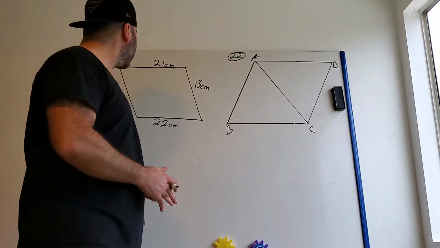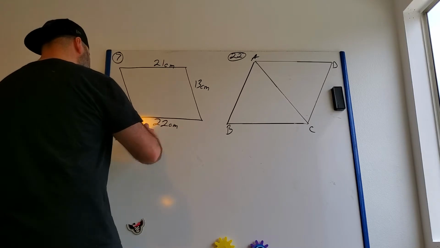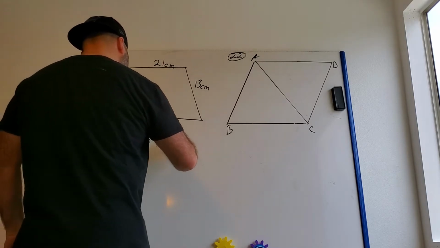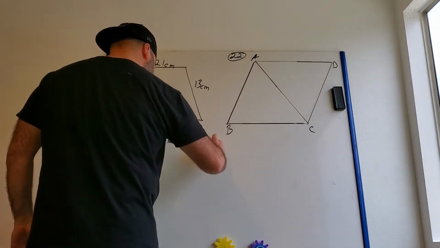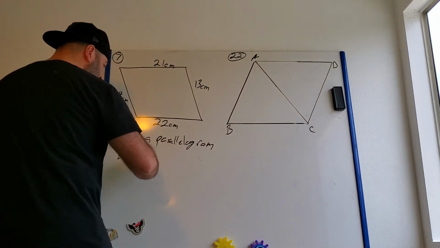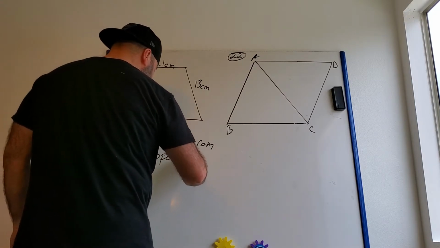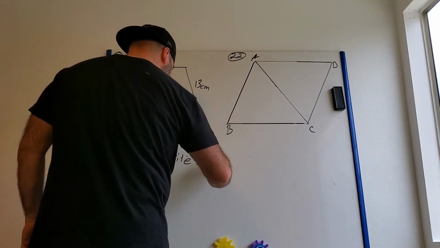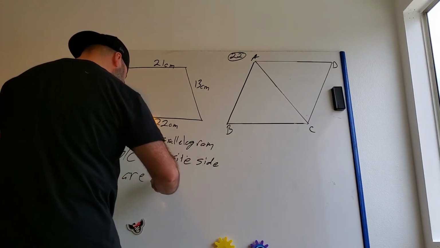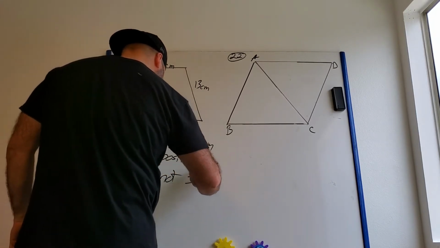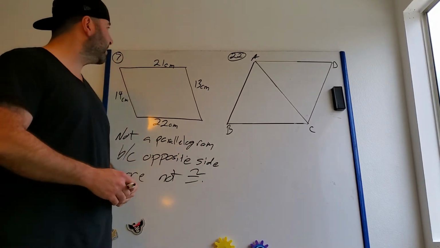So therefore, this is not a parallelogram, because opposite sides are not congruent. Okay. So that takes care of number 7.